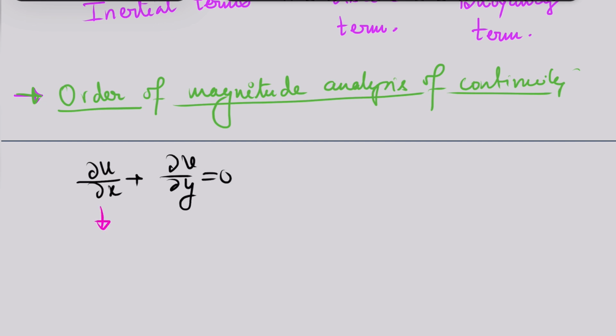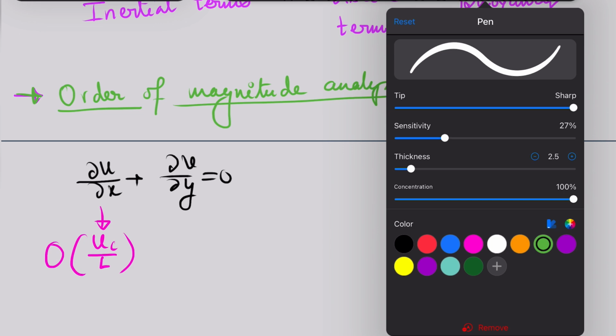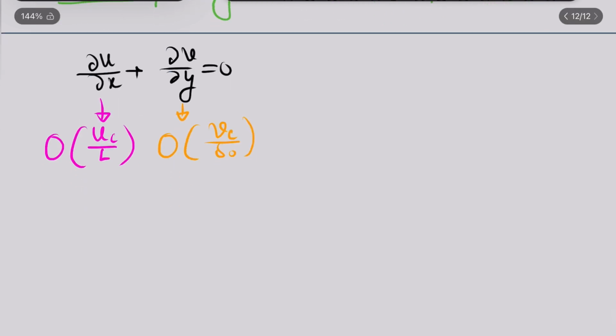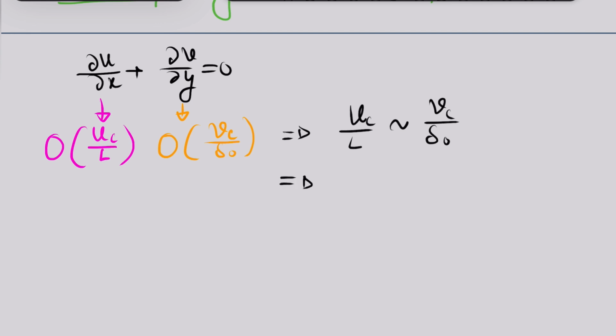So this term has the order of UC by L, and this term has the order of VC by delta naught. Now we don't have any other term in this equation. That means UC by L has to be of the order of VC by delta naught. That means VC is of the order of UC into delta naught by L.